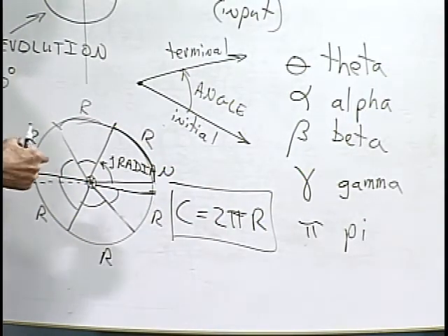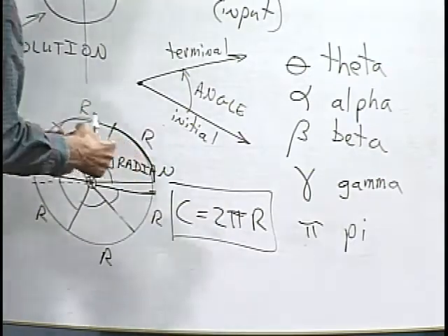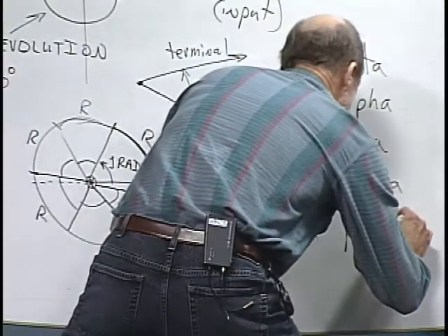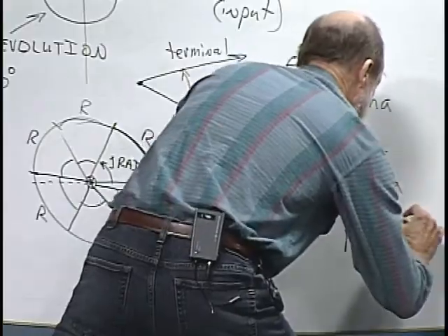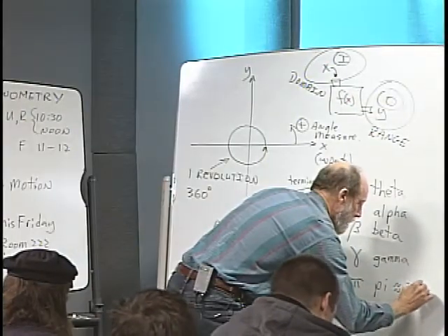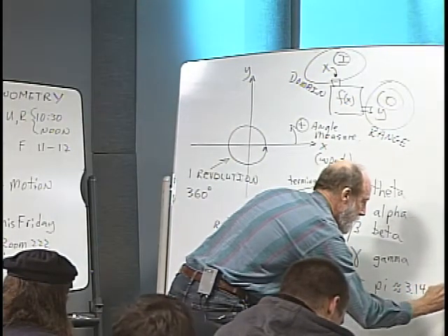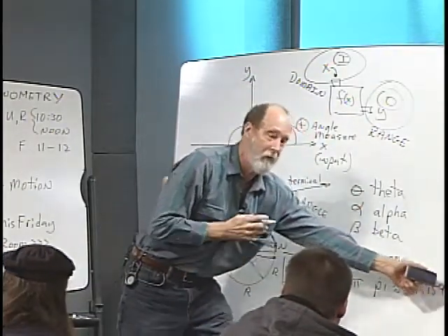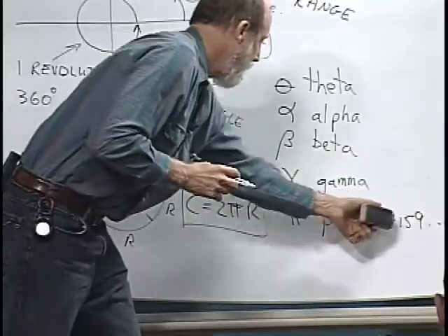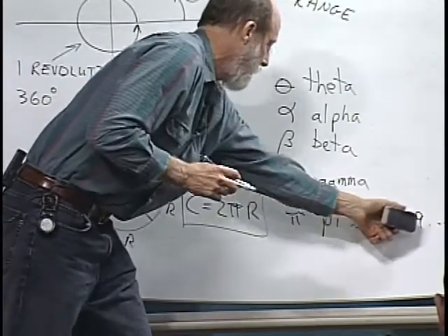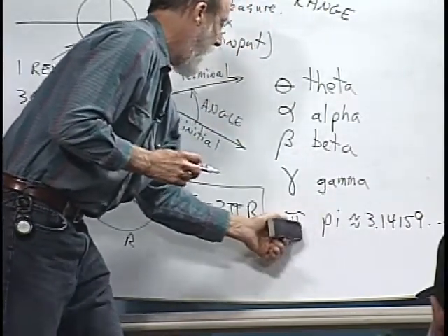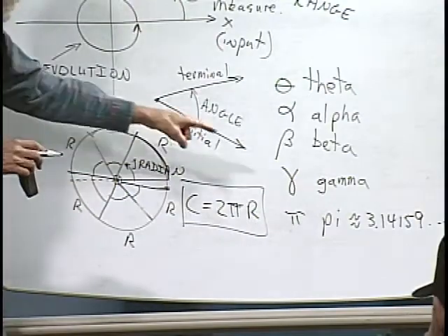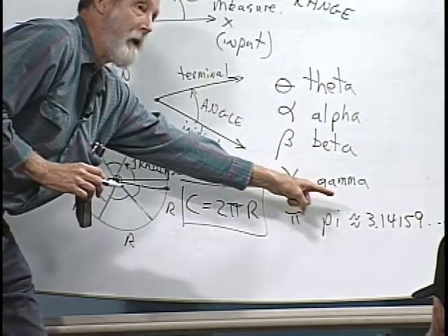So if you look at what that number is, pi is an irrational number, 3.14159, keeps on going, never terminating, never repeating itself as a decimal, and that's the approximate value of pi. It's a little bigger than 3.